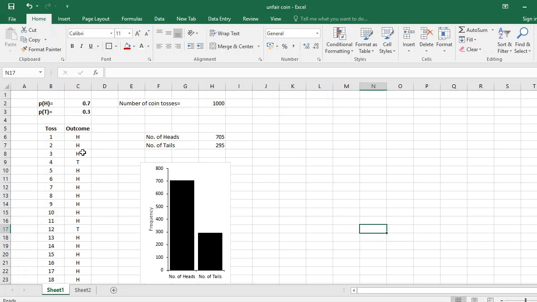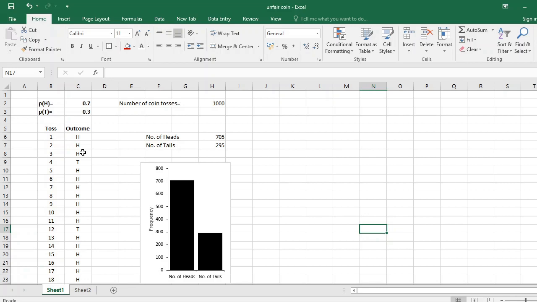Now before I end, just a small note. Was it necessary to use RANDBETWEEN 1, 10 only? The answer is no. You could have even used RANDBETWEEN 1, 100, but in that case the condition that you give is that if the number generated is less than 71, then you consider that it is heads, and anything else will be considered as tails.